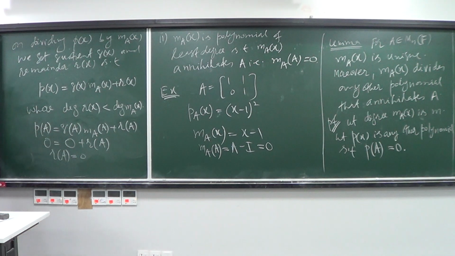In other words, the remainder is an annihilating polynomial for the matrix A.